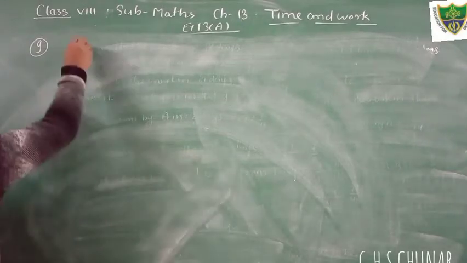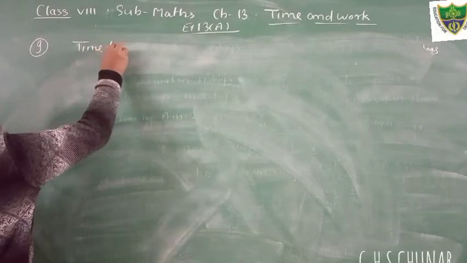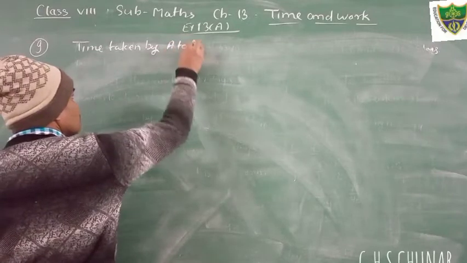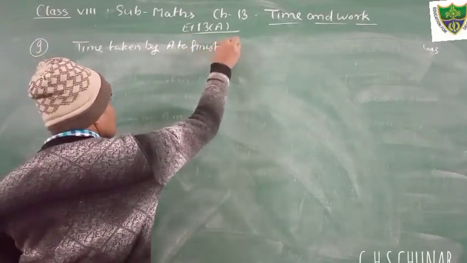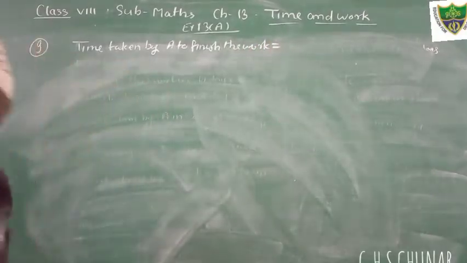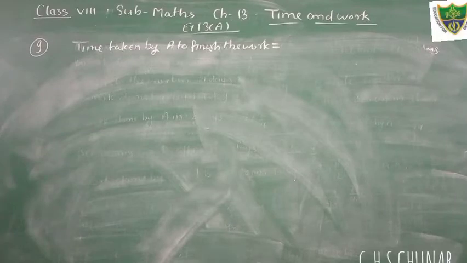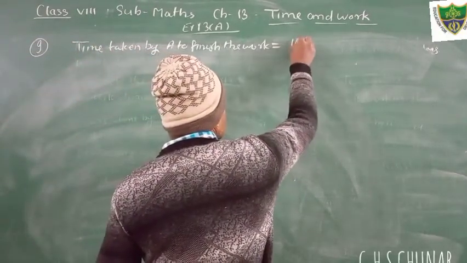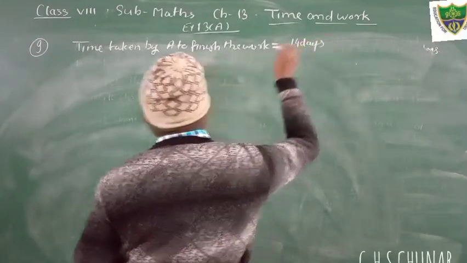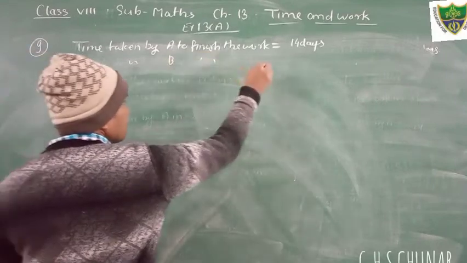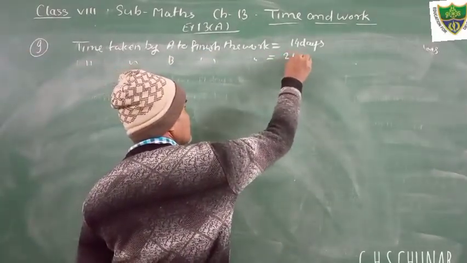Now 9. Time taken by A to finish the work is 14 days. Next, time taken by B to finish the work is 21 days.